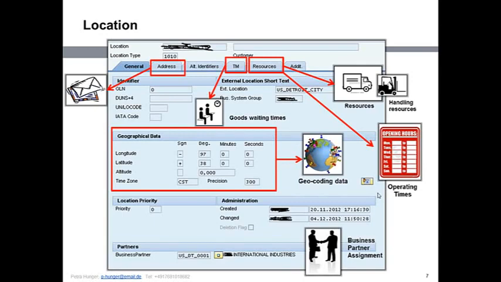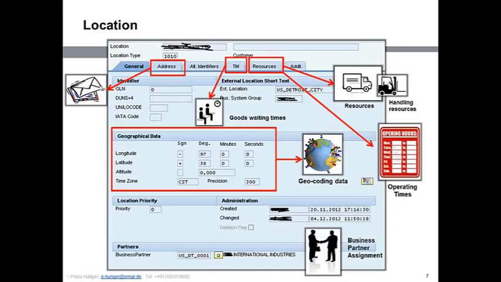As you can see on the screenshot, a location can have a location type. It can have geocoding data, so here you can say what the longitude and the latitude are. It can have goods waiting time, which is on the TM screen. It can have an address, of course.